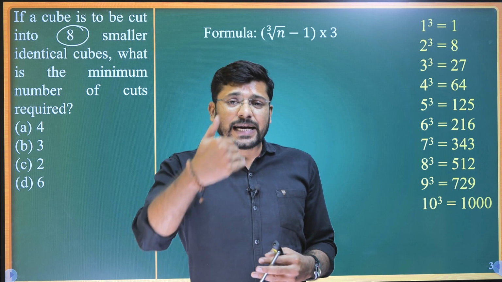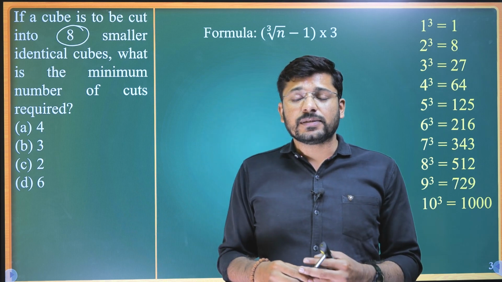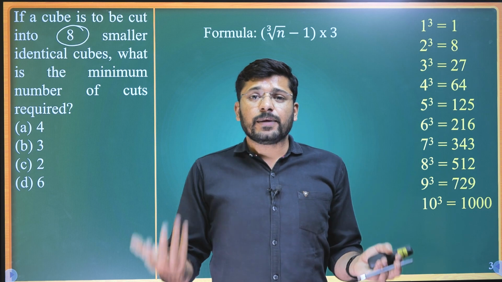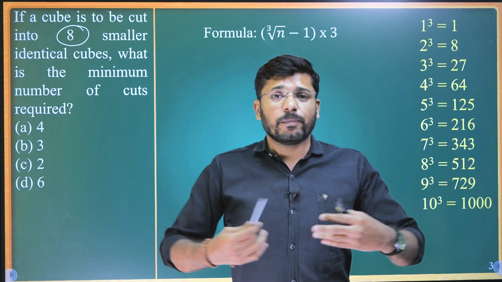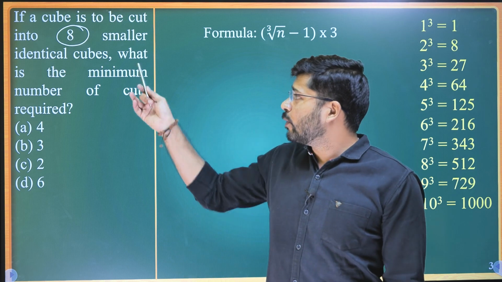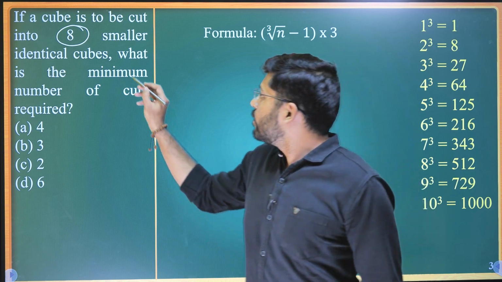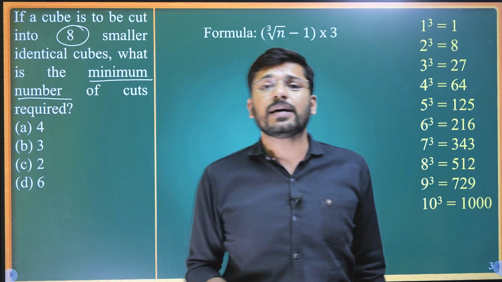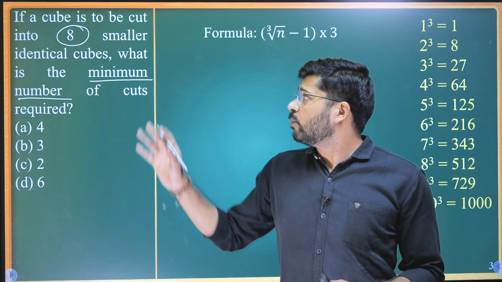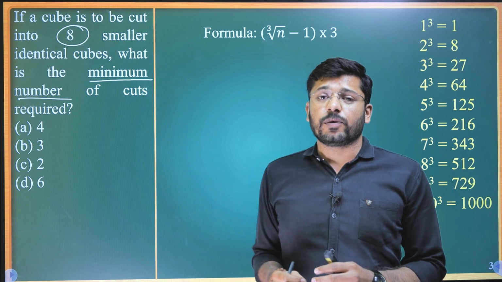If you can cut it into 8 identical pieces, you can take many cuts, 5 cuts, 6 cuts, 7 cuts. There might be multiple ways to cut it. However, they want us to use the minimum number of cuts. So what is the minimum number of cuts required to cut a cube into smaller pieces?